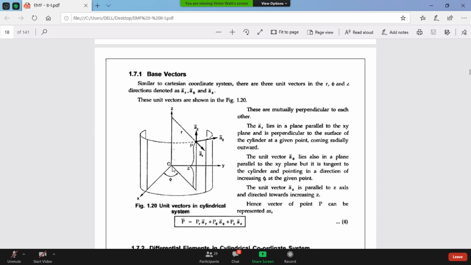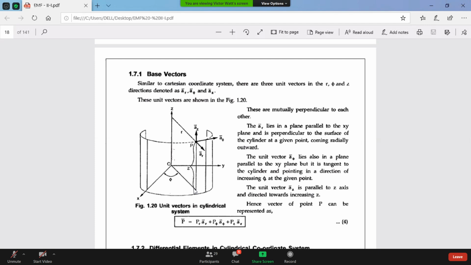This is your R. All this is a right angle triangle if you do this.